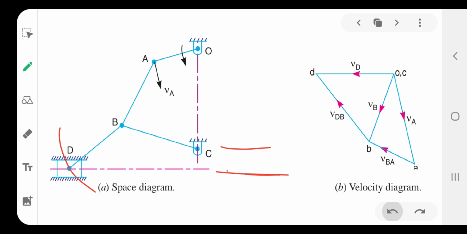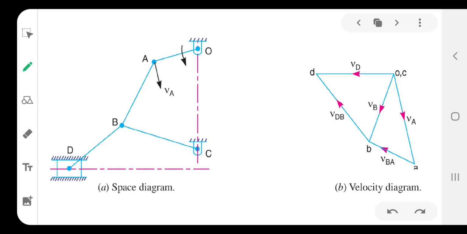To draw a velocity diagram, we always draw a perpendicular to each link given in the mechanism.